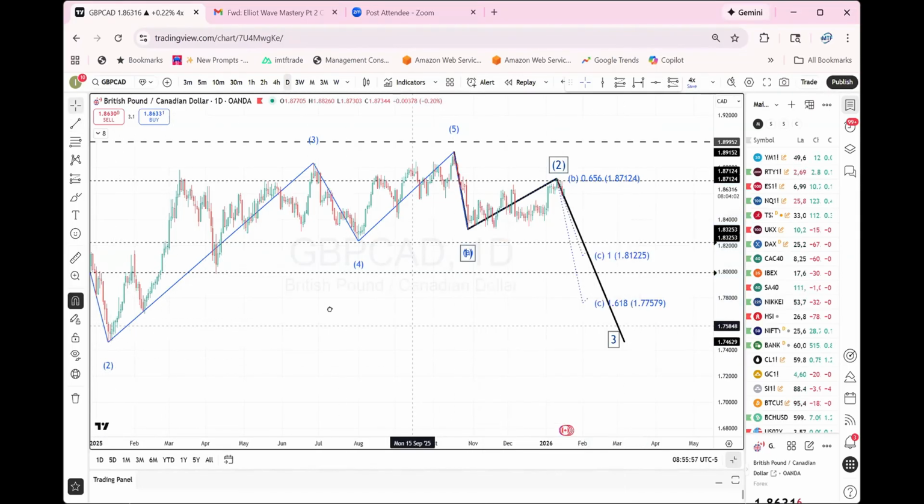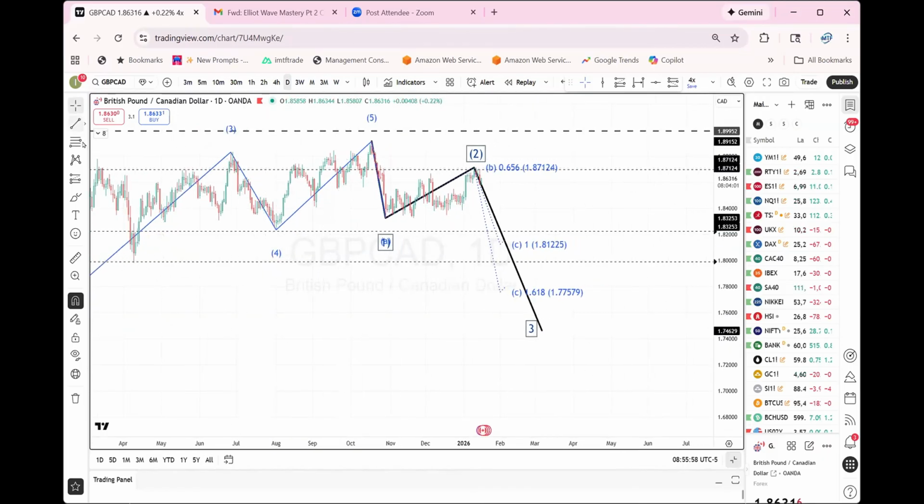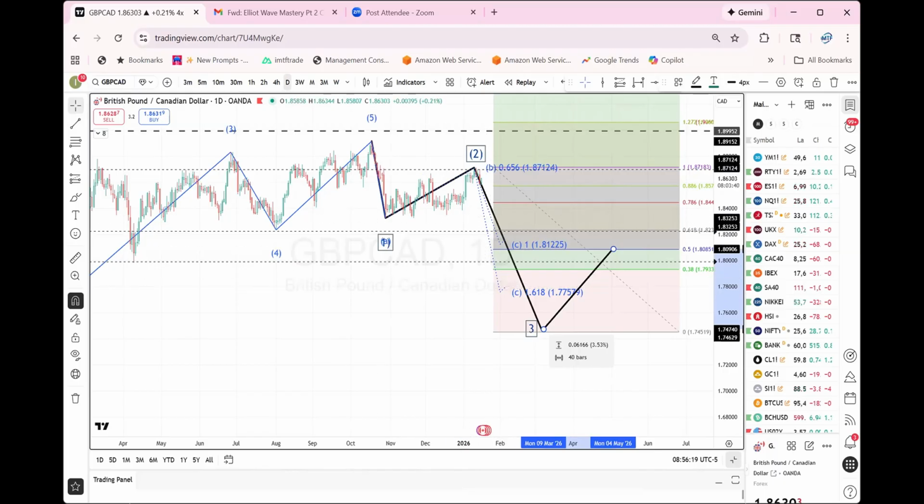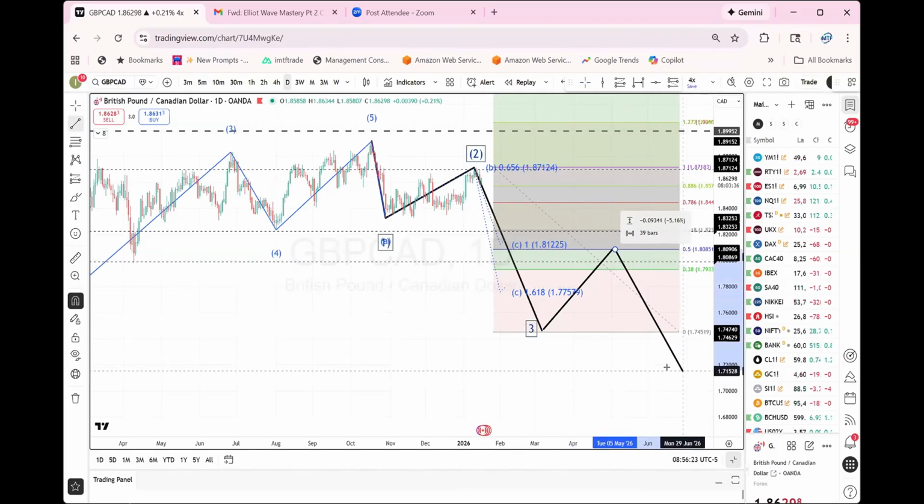Okay. And then if I draw the relationships in here, where I want this to retrace 50% or 61.8, that pretty much will take me 3 to 4 here. Let's give it worst case scenario, or just do it right there, 50%. That'll be a 4, and then your 5 to come and break this here.